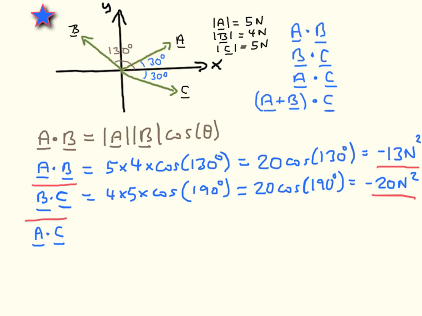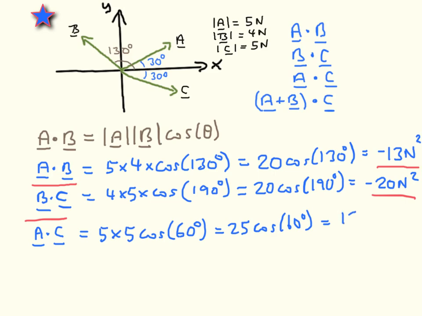The modulus of each of the vectors is 5 newtons, so this is going to be 5 times 5 times the cosine of 60 degrees, and so that's 25 times the cosine of 60 degrees, and the cosine of 60 degrees I happen to know is a half, so that's going to be 12.5, or to two significant figures, 13 newtons squared.